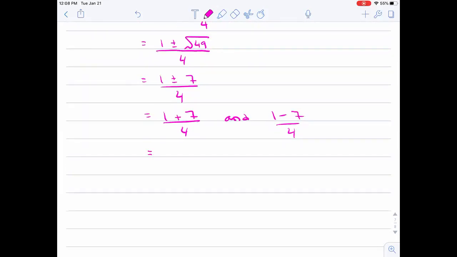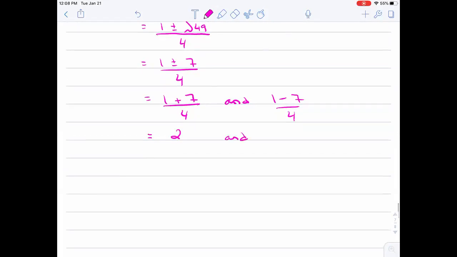We can calculate that: 1 plus 7 is 8 divided by 4, putting me at 2. 1 minus 7 is negative 6 divided by 4. I can simplify it a little bit, or you don't even have to if you don't want to. It doesn't really change much if I simplify it, so I'm just going to leave it.